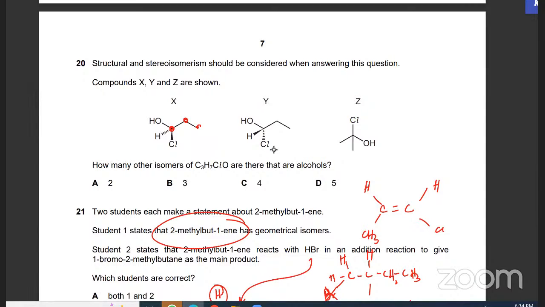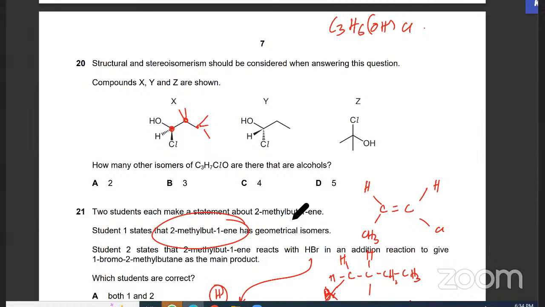So we've got 3 carbon atoms, and we have an alcohol as well. How many H's do we have? That's 1, 5, 6, 7. So we've got 6 H's, and an OH, and we have a Cl as well. That's the formula, right?